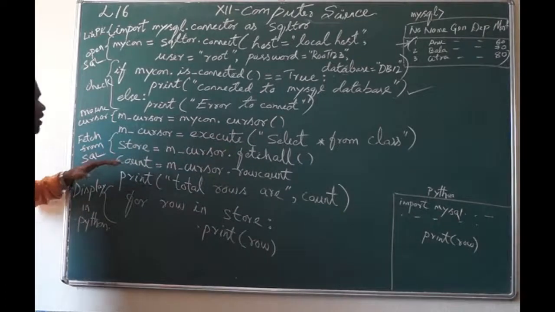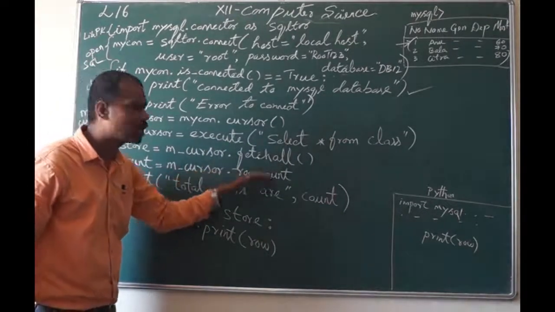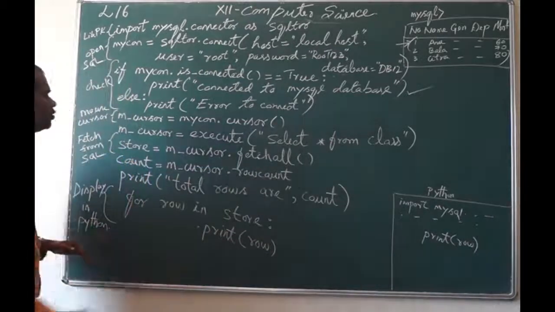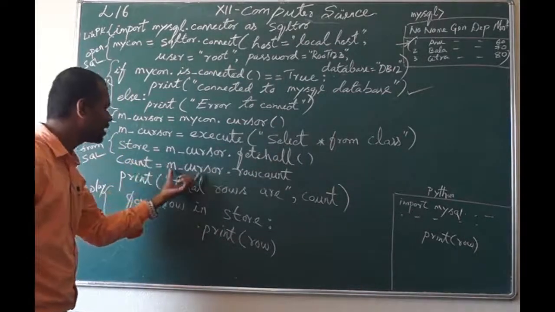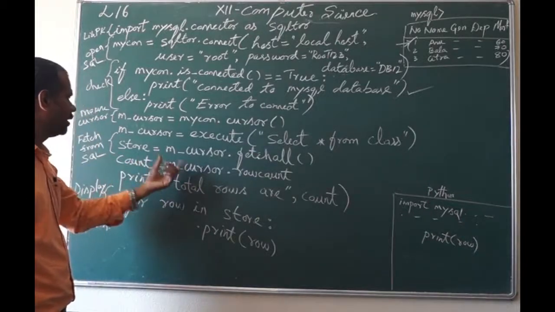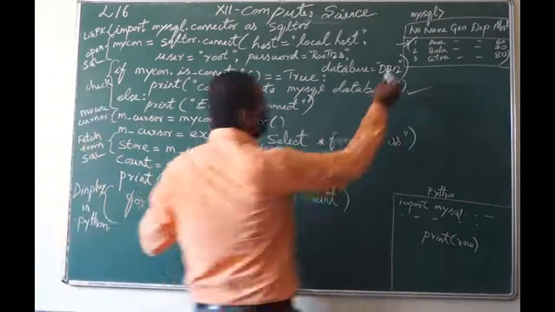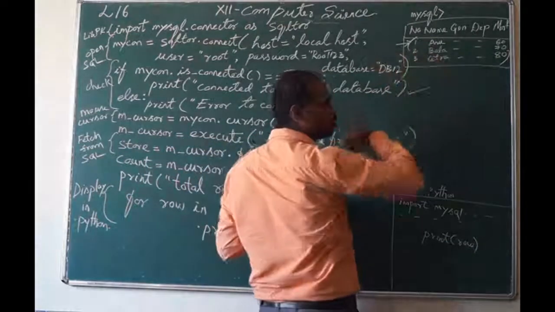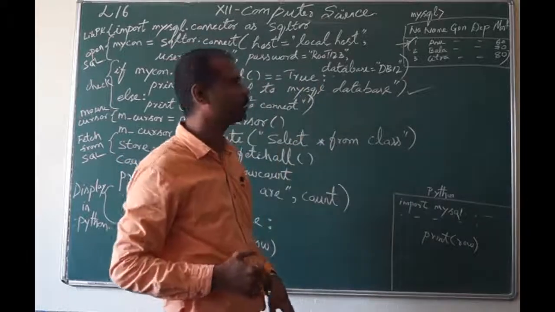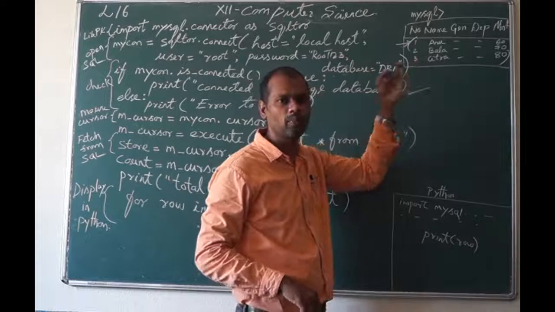Okay, fine. Count is equal to m underscore cursor dot row count. See, very simple. M underscore cursor, what is it? It is a mouse cursor. Each time it fetches each line, it will count the row automatically. Suppose if it is fetching 3 lines, the row count will be 3.